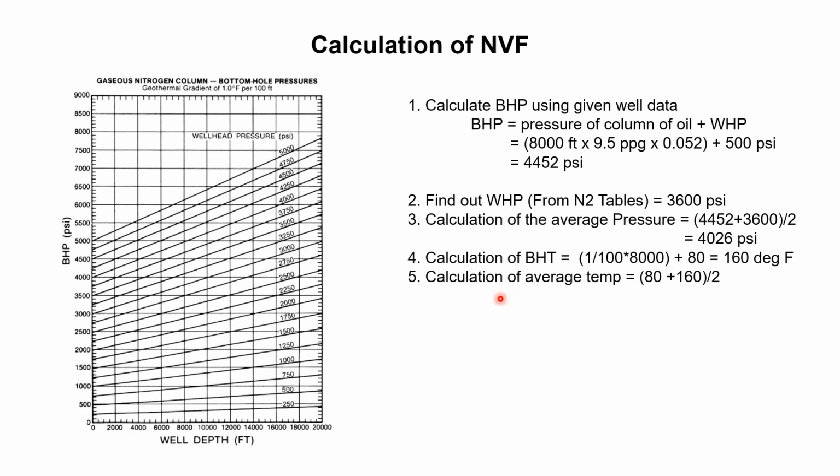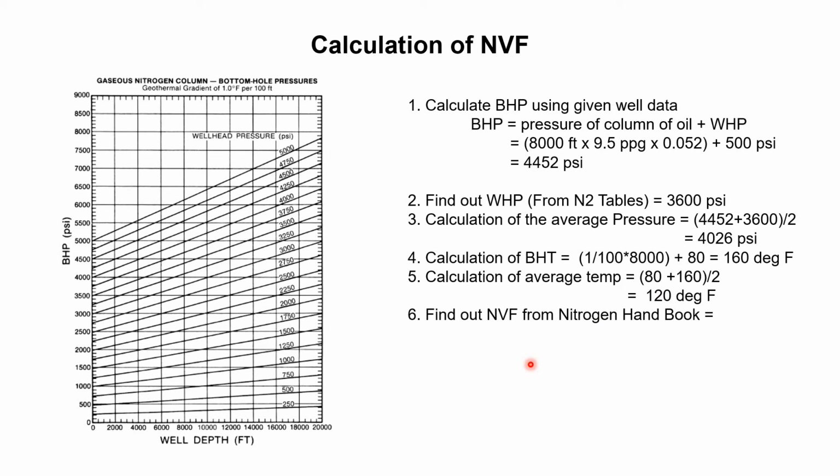And now we'll calculate the average temperature. Our surface temperature was 80 degree Fahrenheit and our bottom hole temperature is 160 degree Fahrenheit. We'll just add these two quantities and divide by 2. We'll get 120 degree Fahrenheit. Now up till now we have calculated the two main parameters: the average pressure and the average temperature.